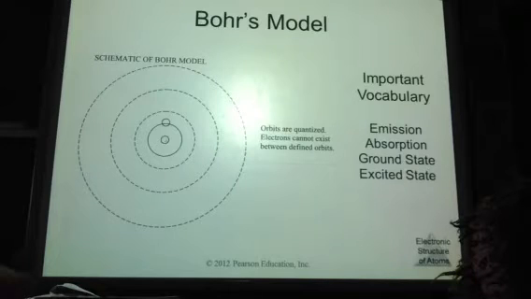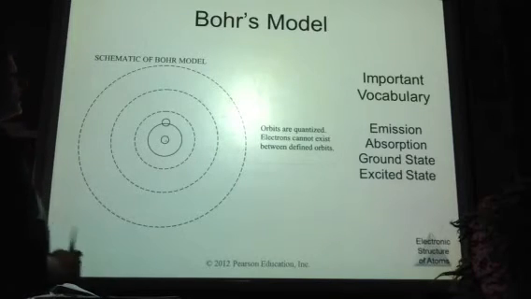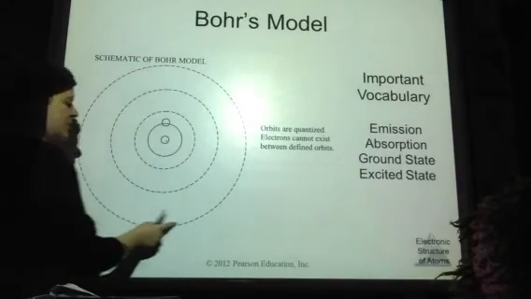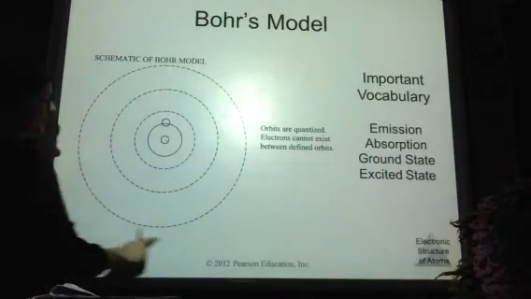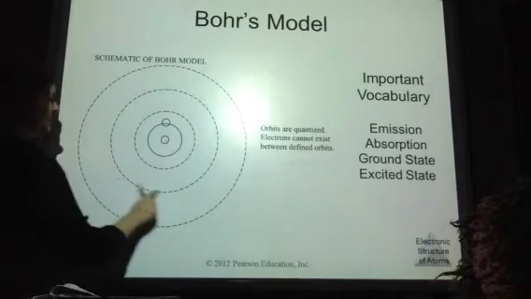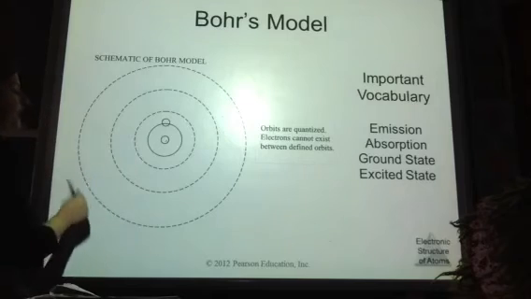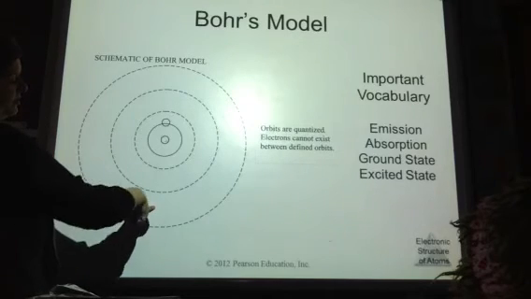Bohr says that electrons cannot exist between the orbits. They have to exist on this designated energy level or that designated energy level. I'm never going to find one right there somewhere in the middle.